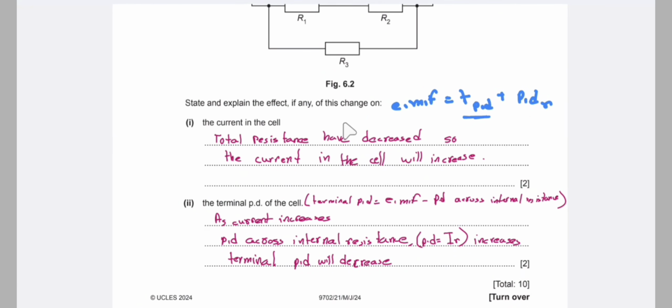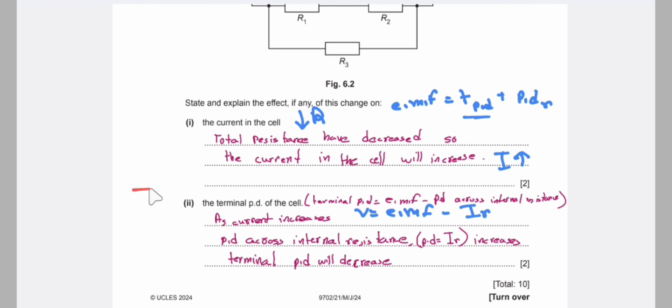Initially the current has increased as the total resistance has decreased due to the parallel combination. Since the current has increased, the terminal potential difference V is equal to EMF minus the potential difference across the internal resistance, that is Ir.